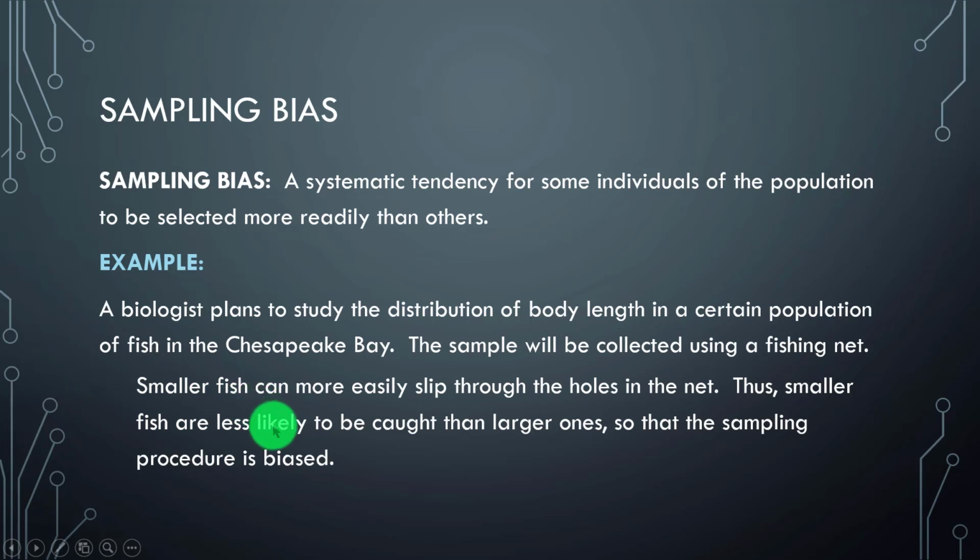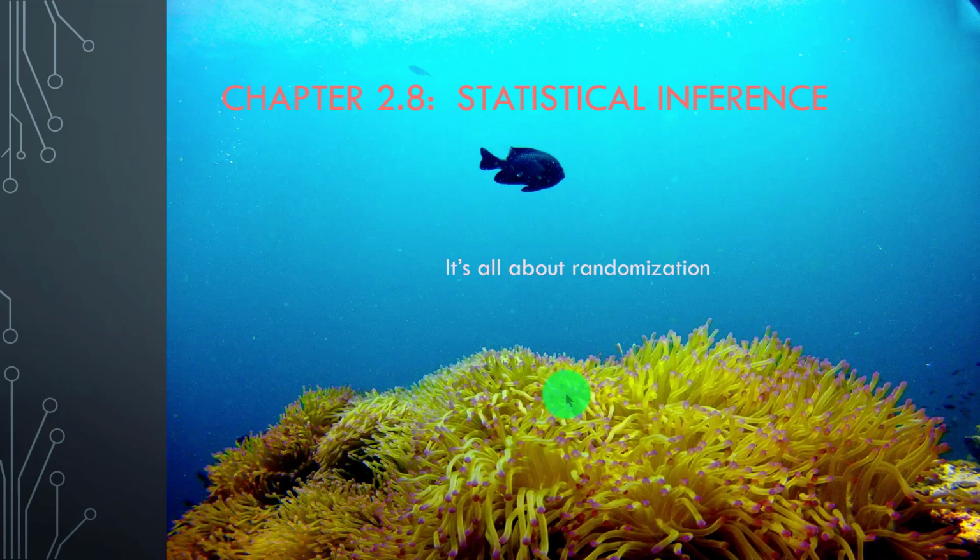So smaller fish are less likely to be caught than larger ones, and therefore that method of sampling would be biased. There's a lot more that we could discuss in bias, and there are several examples in your homework, so look forward to that. Let's talk now about statistical inference.